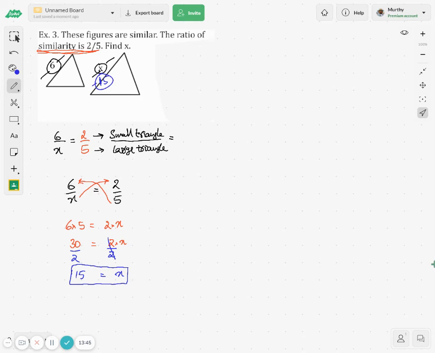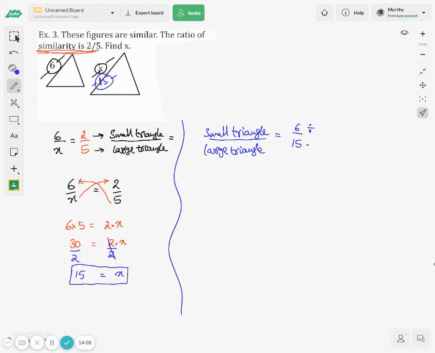If you are not sure whether your answer is correct or not, you may try checking one of the sides of a small triangle over one of the sides of the large triangle. So that is 6, and whatever we got, that is 15.